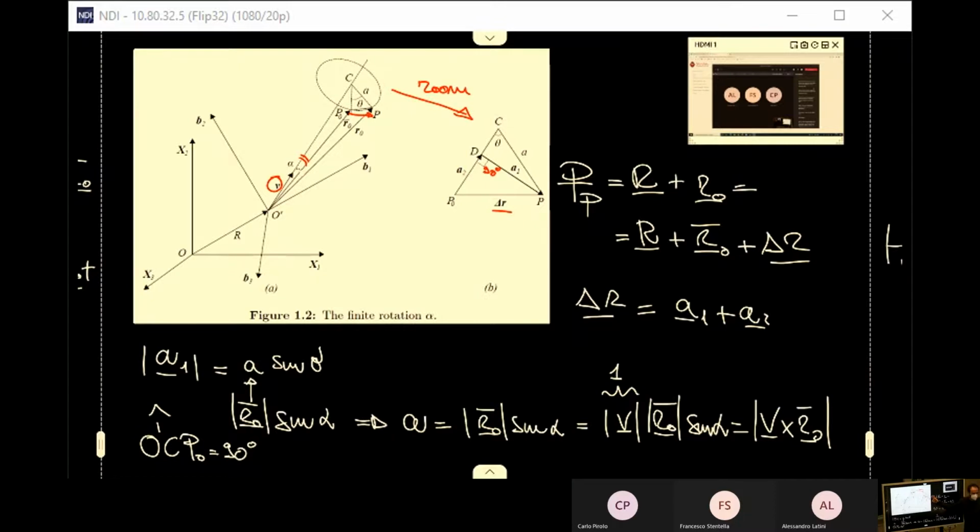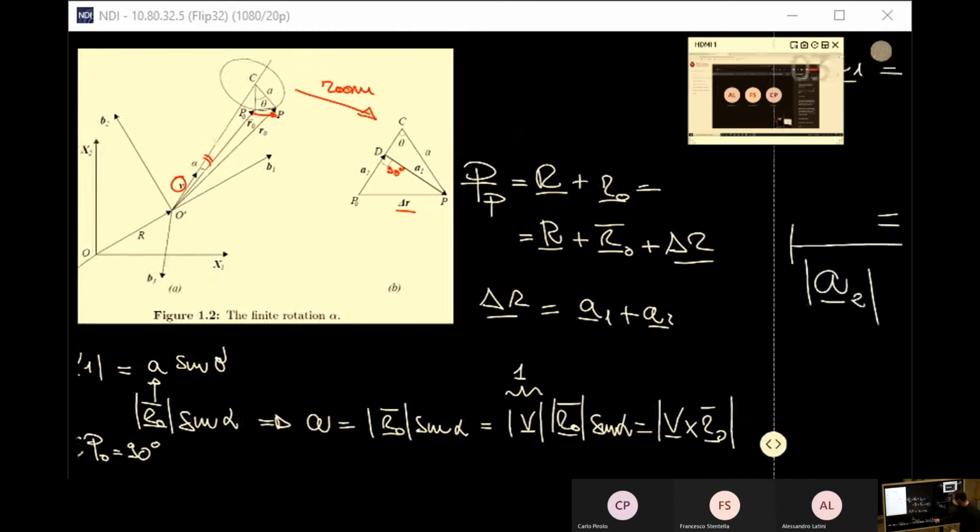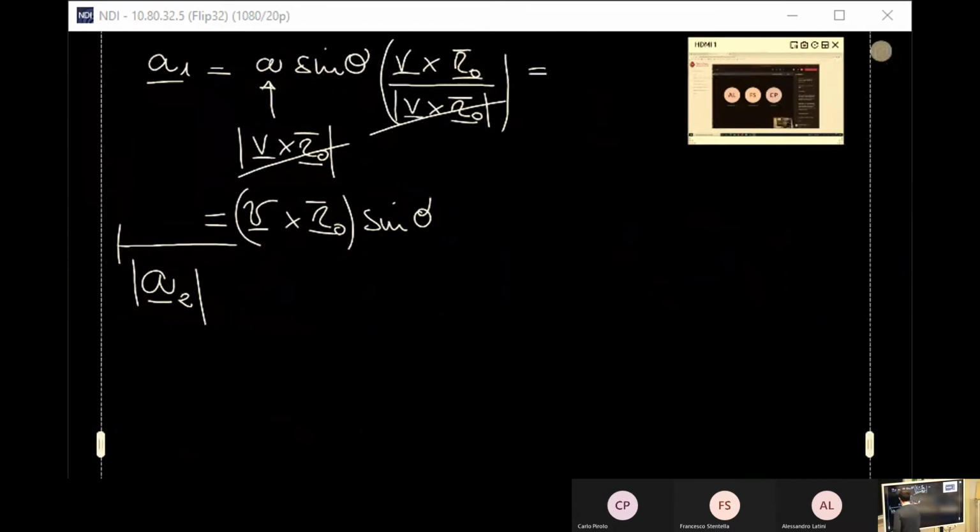But CP0 is A, because this is a triangle which is described within a circumference. So these are the radiuses, P0C and CP, so they are equal. And CD is what? It is A times the cosinus of theta, right? So if we write this, it is A minus A cosinus of theta.